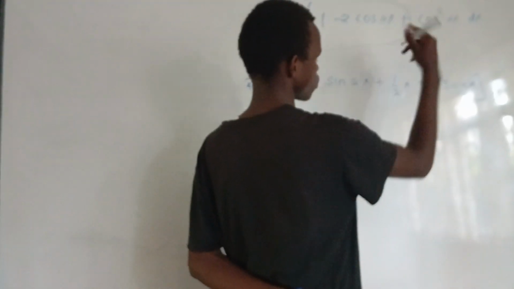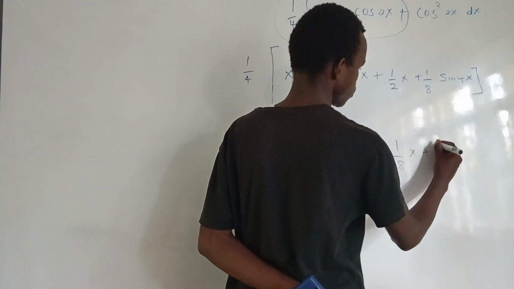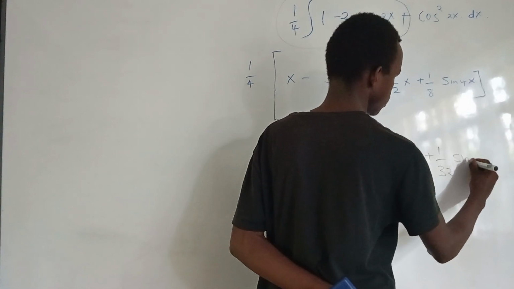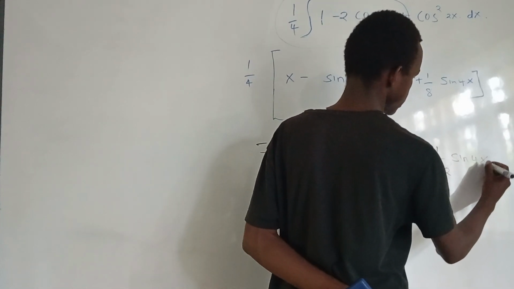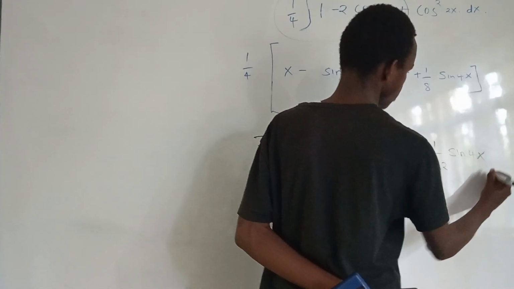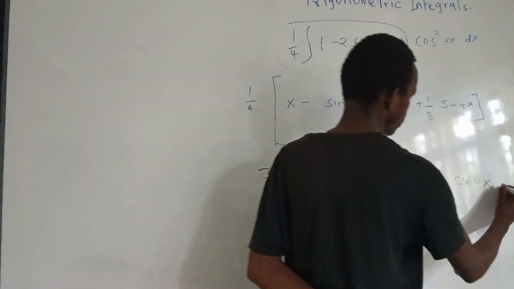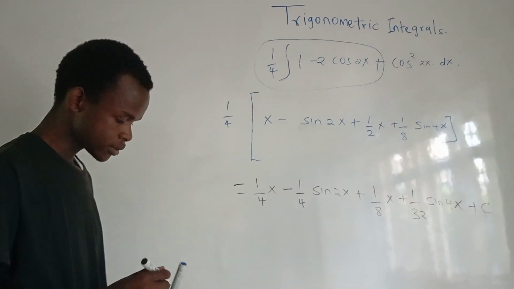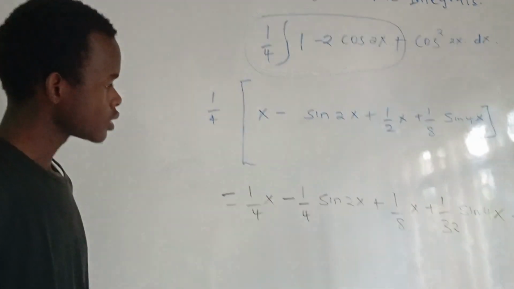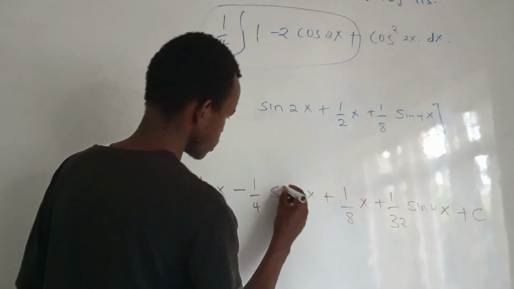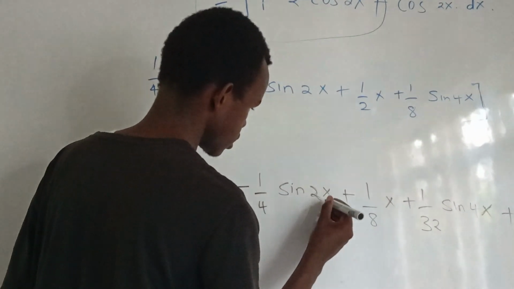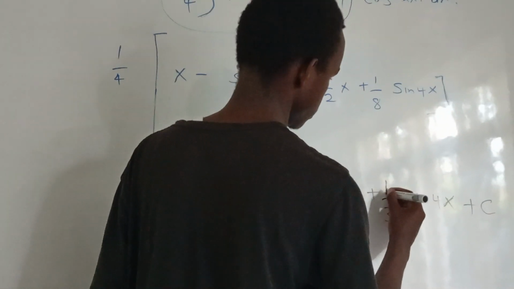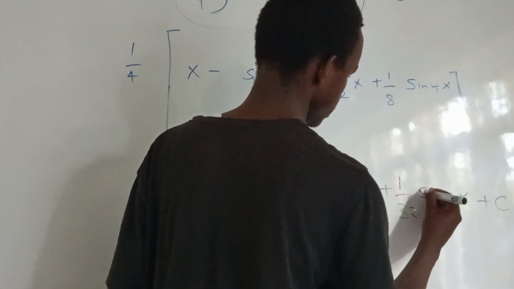This multiplied by this is 1 over 32, so it will be plus 1 over 32 sine of 4x. And remember it's integration, so we'll have to add our constant c. So that's our answer. So that's how we perform that integration.